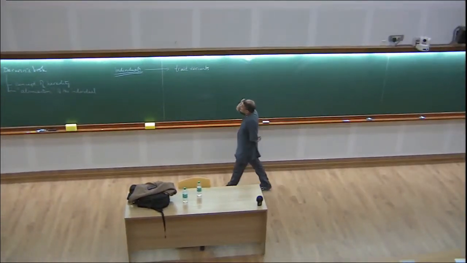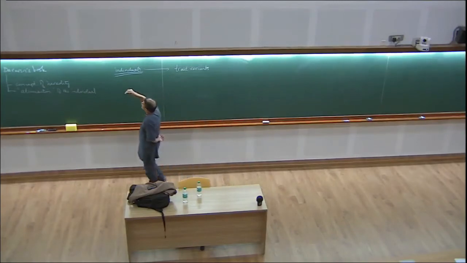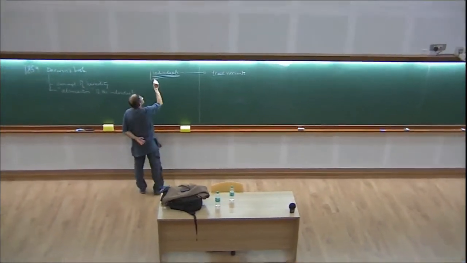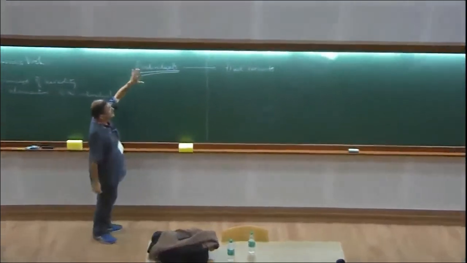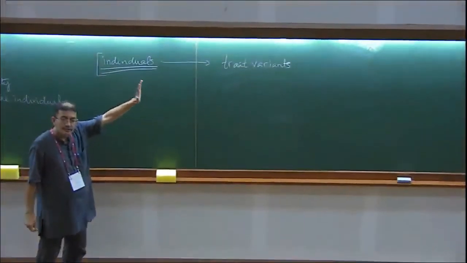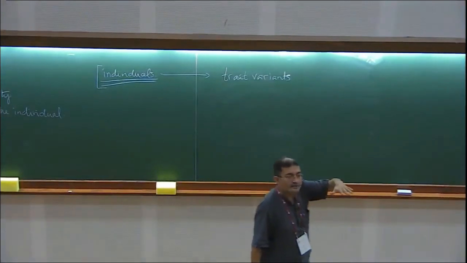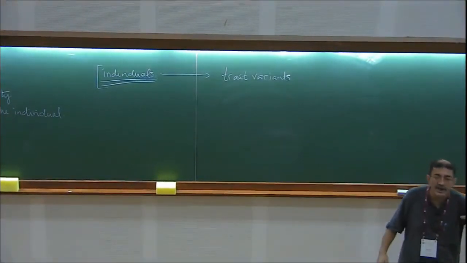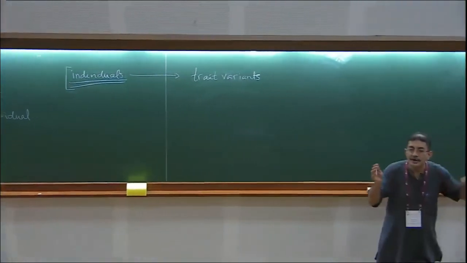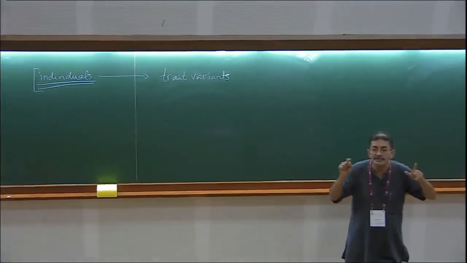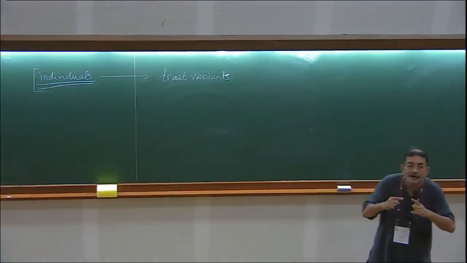Okay, so the reason for stressing this was that this confusion between individuals and trait variants is at the heart of many ongoing debates in evolution that do not get resolved, partly because in some sense they are not a real debate.